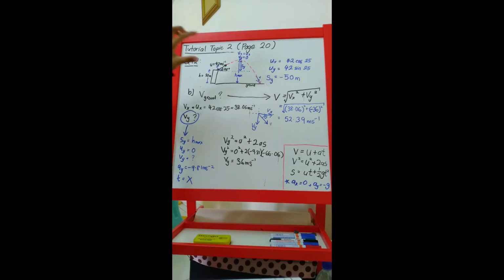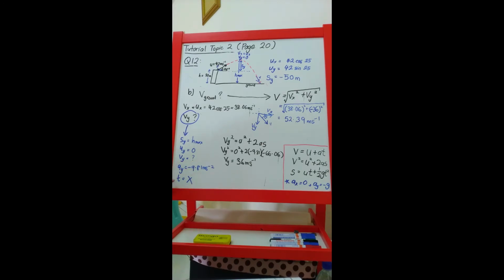Because if you choose this one, the movement is from the maximum height to the point where it hits the ground. So we know at this point velocity is 0. This point will be initial, this one will be final. So uy here is 0, and this one will be vy, the final. Uy, vy. Vy we want to find.